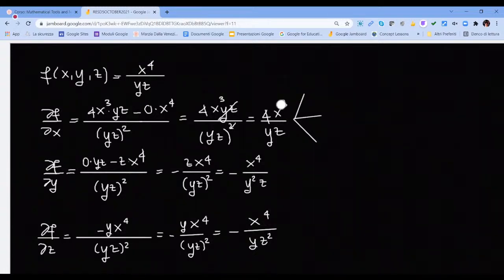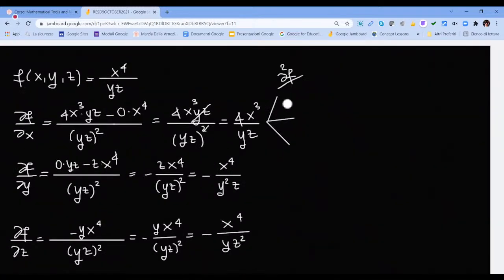But the way in which we computed these partial derivatives is the same that we should use for the second partial derivatives. For instance, let's compute one of them, this one. Let's compute with respect to x twice.